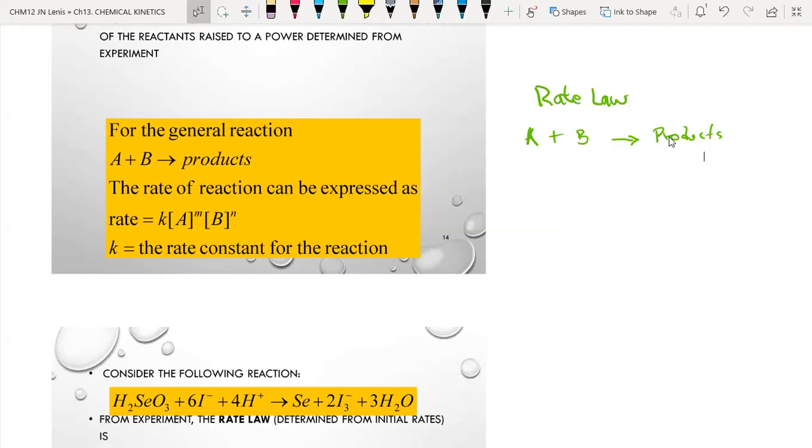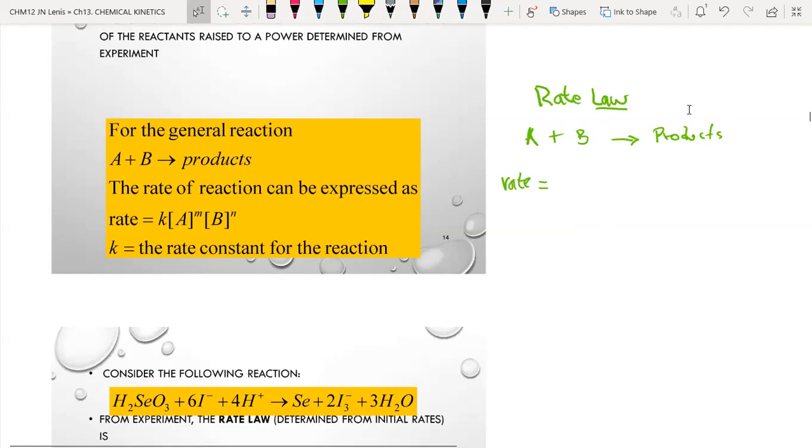By convention, that's the way we are supposed to write rate laws. So you say the rate law for that reaction equals, and this is a law, so it's going to be that way. Every time you express the rate law, you need to do it this way.